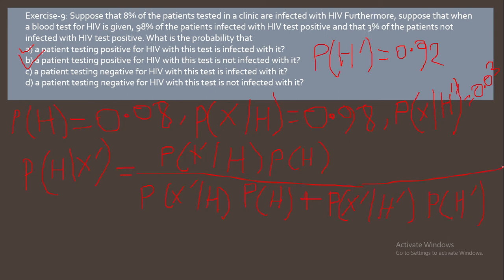Now if you look at the formula, we don't have the value of probability of X prime given H and probability of X prime given H prime. So how can we find this? The probability of X prime given H means that someone is infected with HIV but tested negative.